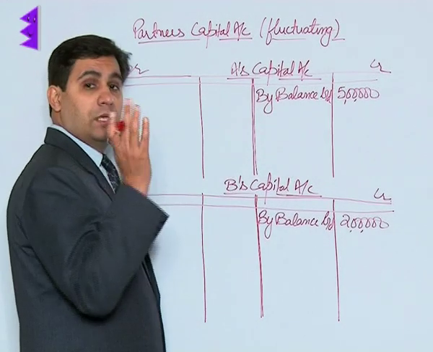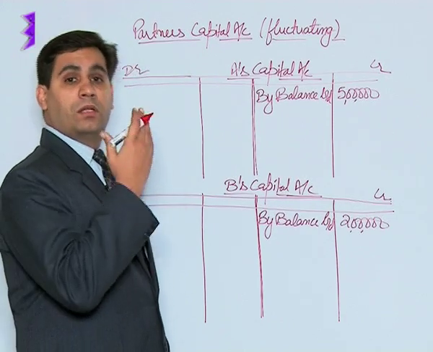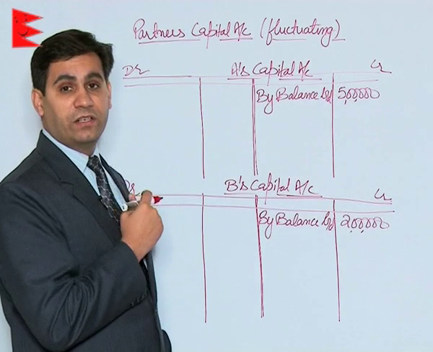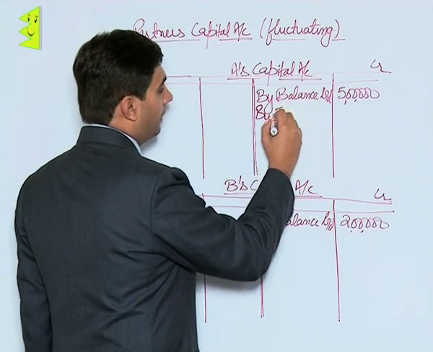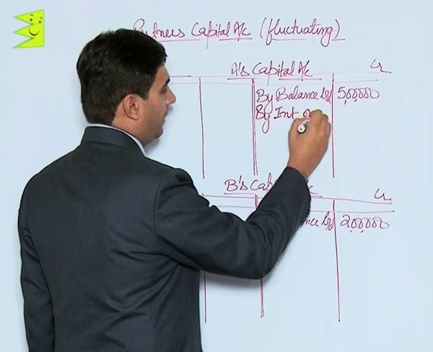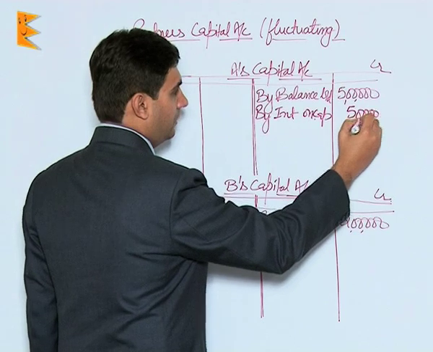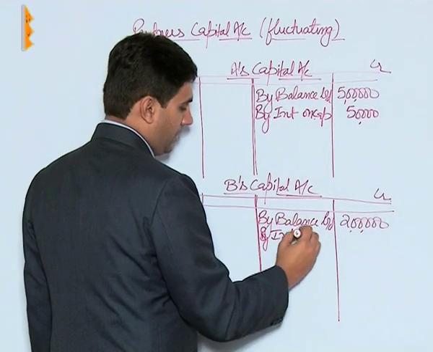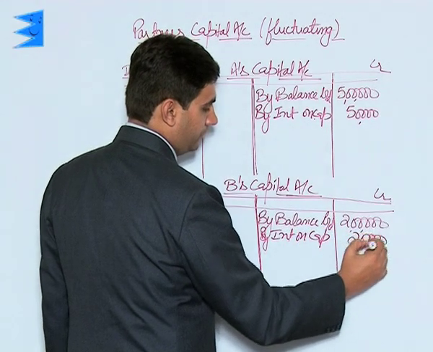Then students, just by following the same principle of ledger posting, the entries on the debit side of the P&L appropriation account will appear on the credit side of capital accounts, and they would be by interest on capital. For A it was 50,000 and for B interest on capital was 20,000.